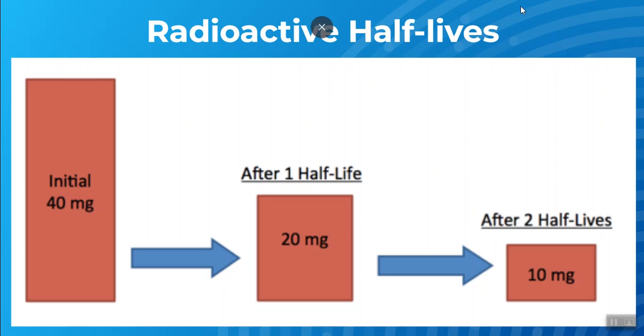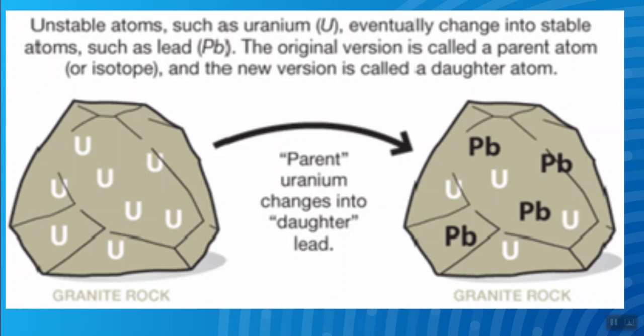We do that by using a concept called the half-life. So if you have 40 milligrams of something like uranium, after 1 half-life, half of that has decayed into daughters. After 2 half-lives, half again has decayed into daughters. So this is how radioactive half-lives work. For example, we start with a rock that has uranium in it.